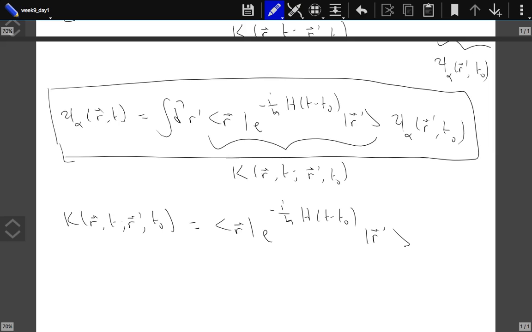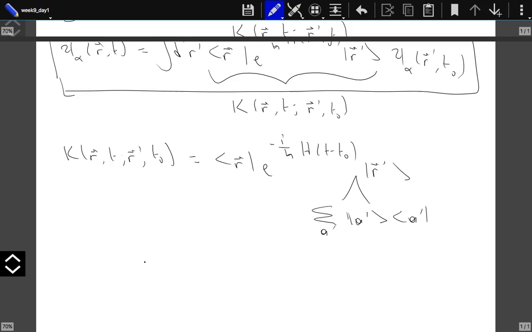Well, I can use again a resolution of identity in terms of energy eigenstates. So let me insert the energy eigenstates over here. So this just becomes a sum over all my energy eigenstates, let me just label them a.